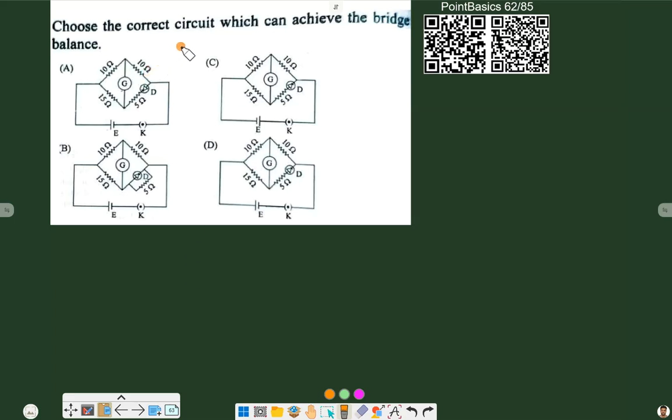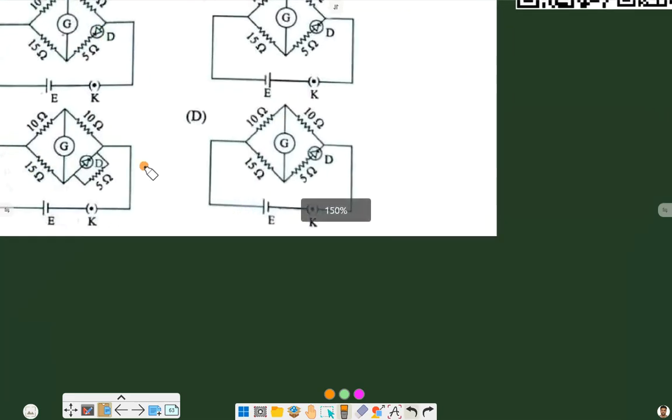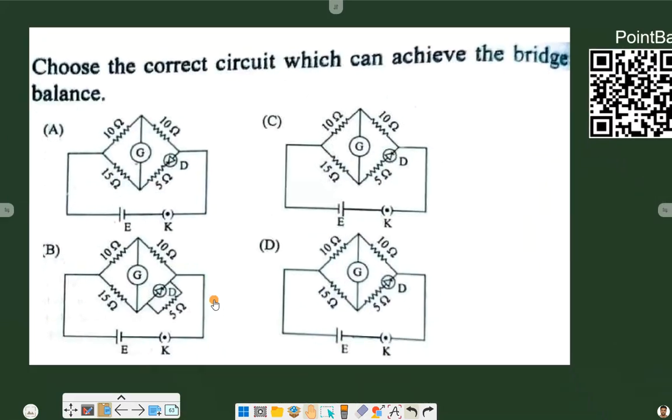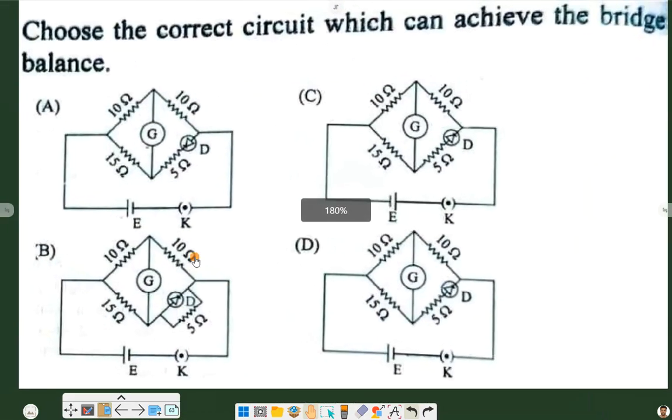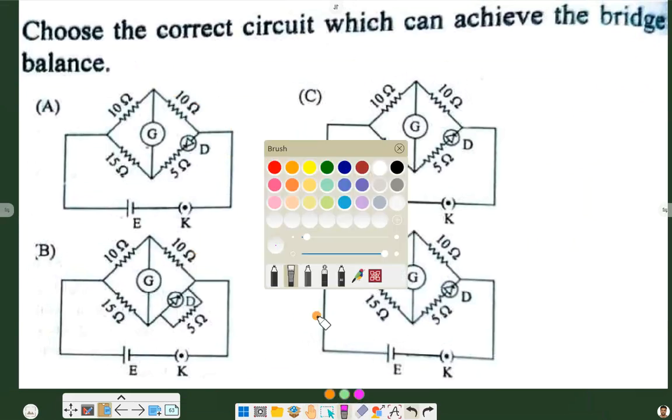Moving to the next one. Choose a correct circuit which can achieve bridge balance. So we have to find which of these bridges are balanced. Now moving to option A. Let me zoom out slightly and reduce the pen thickness.